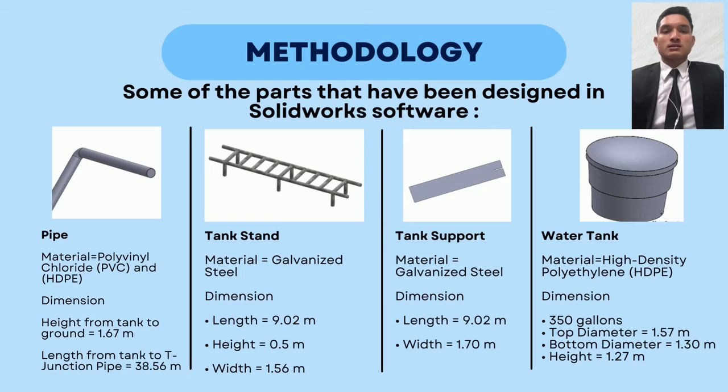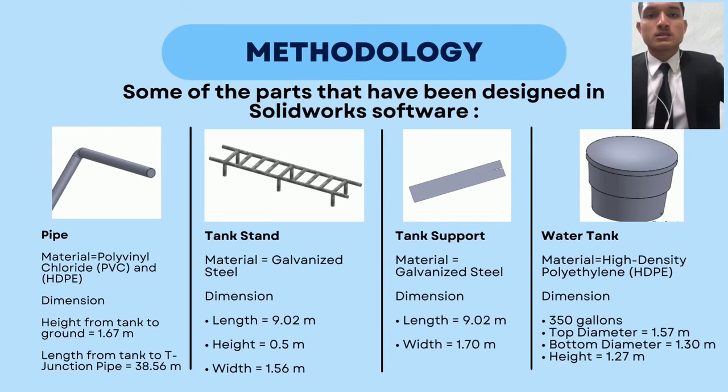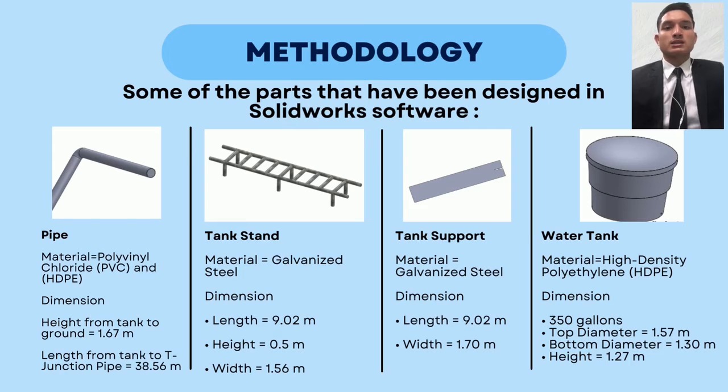And these are some of the parts that have been designed in SolidWorks software. The pipe material is PVC and HDPE. Height from tank to the ground is 3.47 meters, and length from tank to T-junction pipe is 38.56 meters.